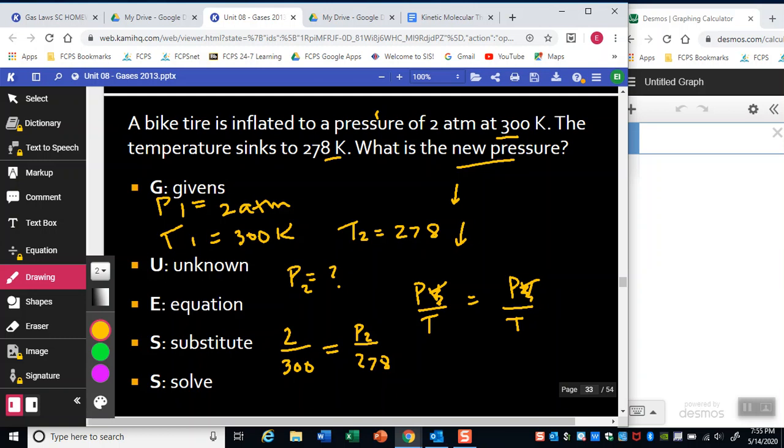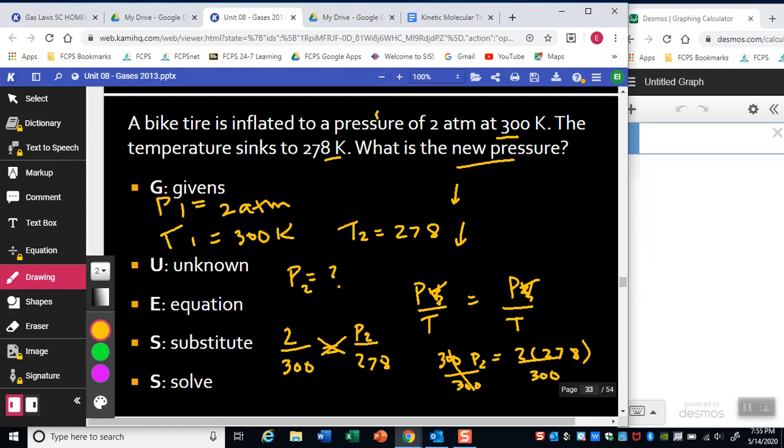So my pressure is also going to go down. Now to see what it is, I'm going to cross multiply, so I get 300 times P2 equals 2 times 278. Now I want this pressure all by itself, so I'm going to divide by 300, and I have to do that on the other side, right?